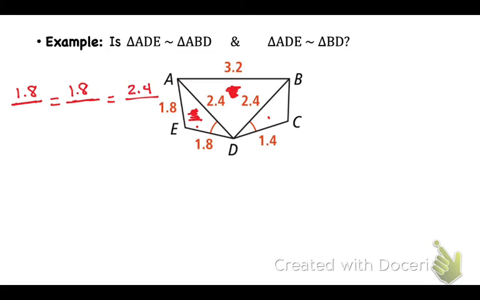Got it? Okay, so my first 1.8 I have is AE. So AE corresponds with what? AD, which is 2.4. And then my second 1.8 is ED, DB, which is DB. 2.4.